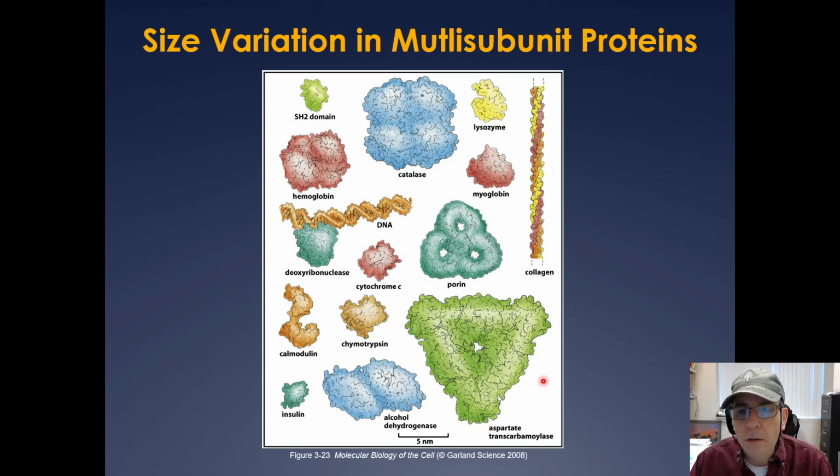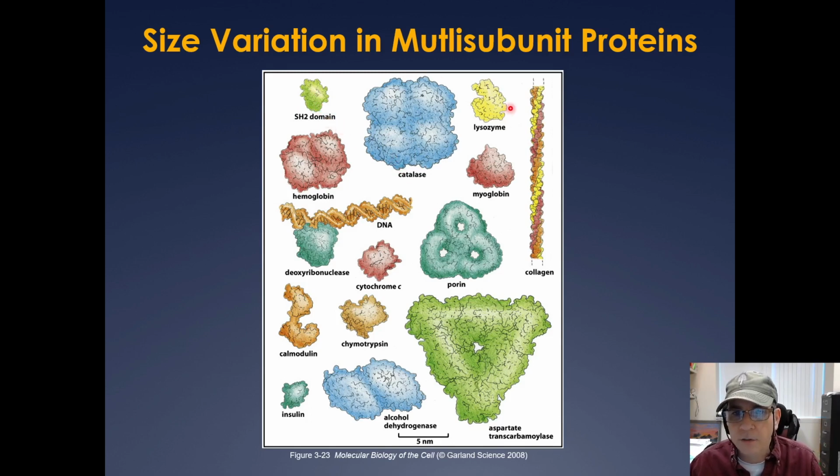There's also a wide variety of sizes of proteins and large, multi-subunit proteins. And if you want to think about the ribosome as a large RNA protein structure, and compare that to something like an SH2 domain, it's huge.